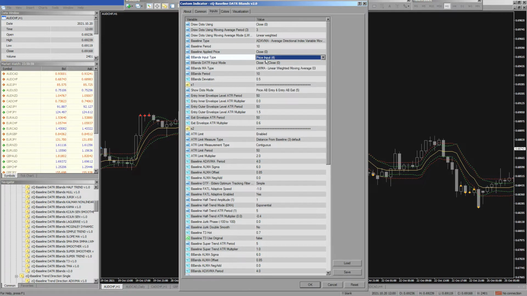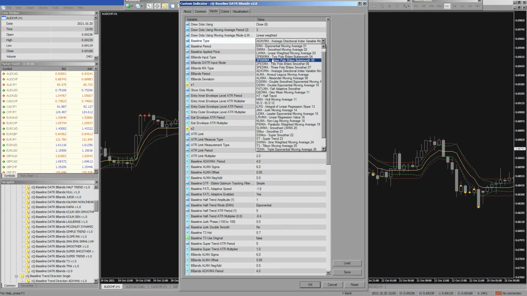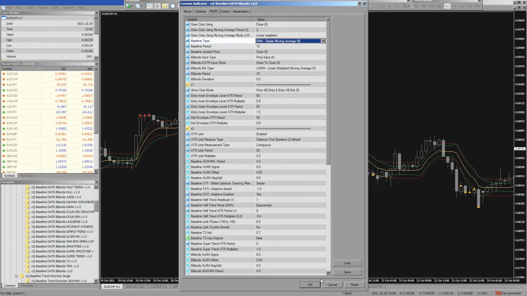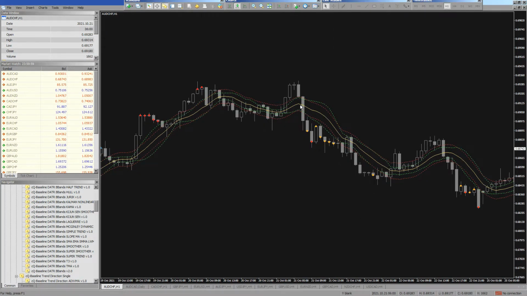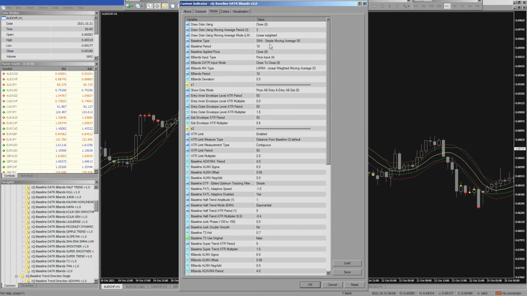If you were to select the price input and SMA, you would be getting somewhat closer to a normal Bollinger Band calculation. Then you have the high and the low, where you're running the high through a Bollinger Band and it prints the upper band, and then the low prints the lower band. You can have that reversed.